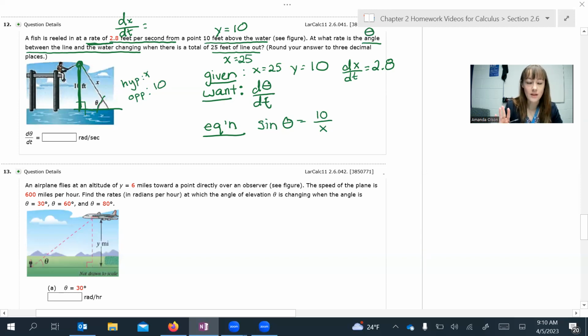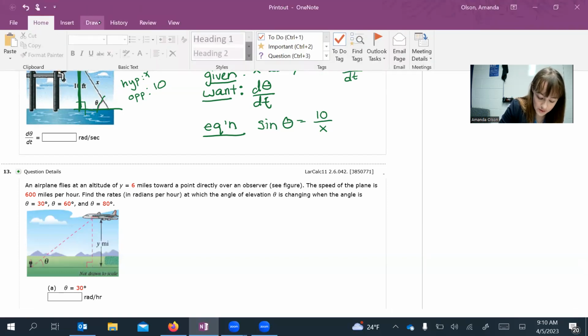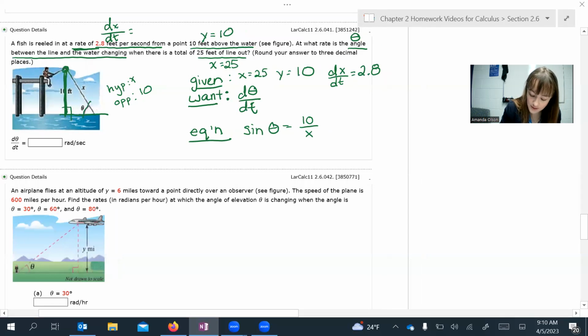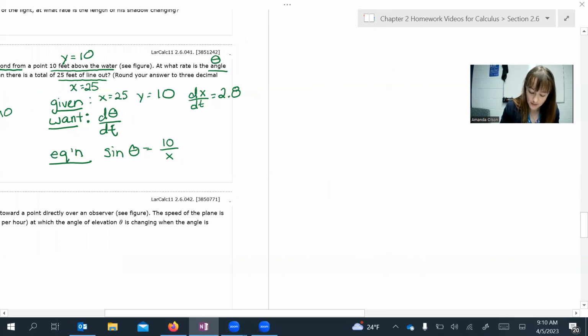So now we have our equation, and we really want to find that d theta. Right now, we don't have theta explicitly, so we have to use implicit differentiation. We could solve it for theta, but that's going to get a little bit tricky because then you're taking the sine inverse, and we haven't talked about the derivative of sine inverse. So let's just not make it that complicated. Let's just use implicit differentiation.